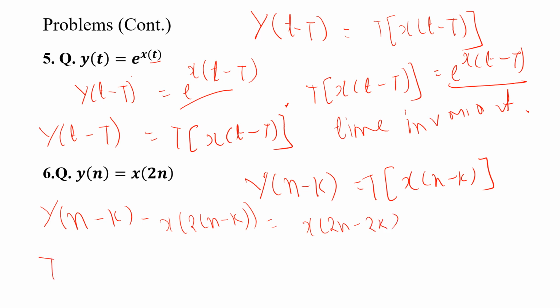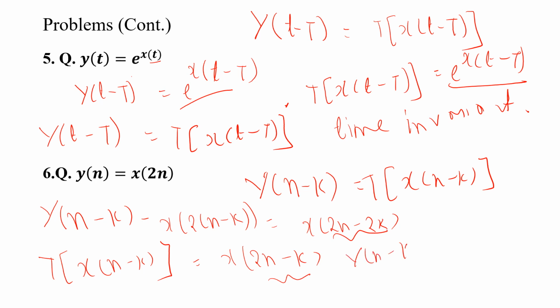Similarly, transformation of x of n minus k, what to do, only put minus k in the bracket of x of n. Okay, x of 2(n minus k). So it is 2n minus 2k, it is 2n minus k. So not equal. y of n minus k is not equal to transformation of x of n minus k. So it is called what? This is a time variant system.